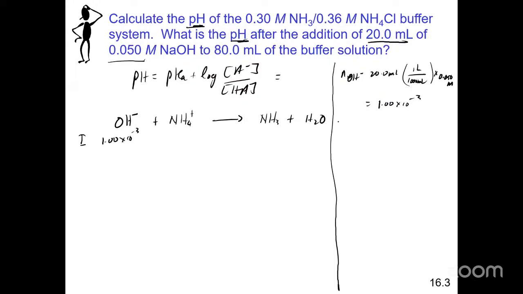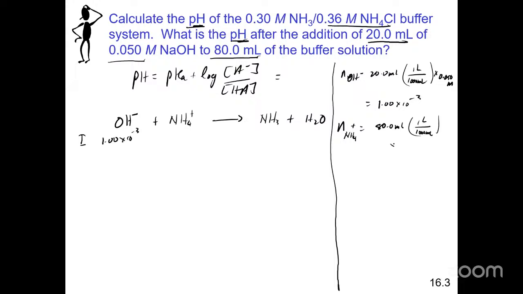Then we do a similar calculation for the ammonium chloride, right? Now, according to the question, 80 mL of the buffer is what was used. So basically, the number of moles of the ammonium will be equal to 80.0 mL. Again, we convert that to liters, 1 liter over 1,000 mL.